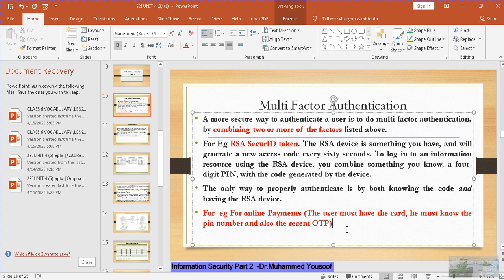Because they know the card number, they know the CVC number, but they don't get the password, which is with the mobile phone of the person who has been registered with this account. If the phone is not with them, then it is not possible. So this is why it's a double step authentication process to ensure the security of the data.